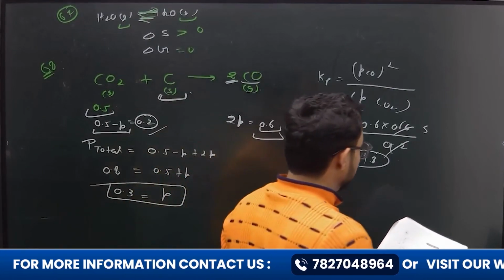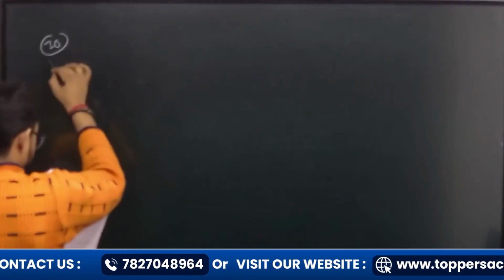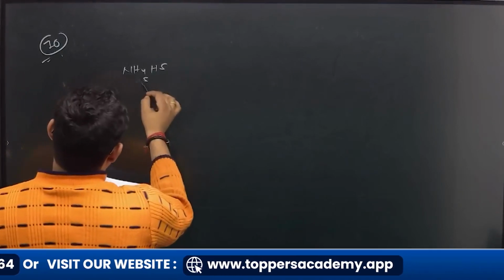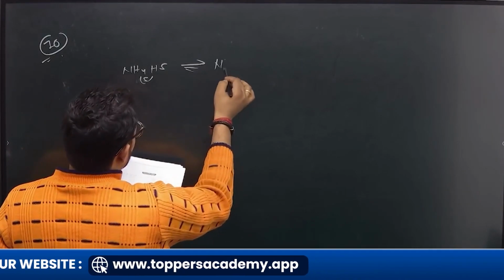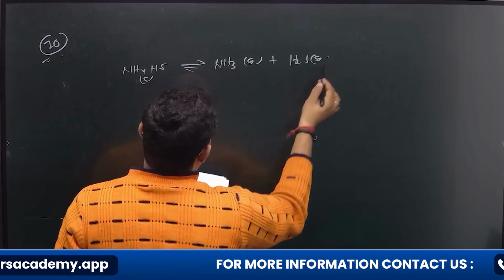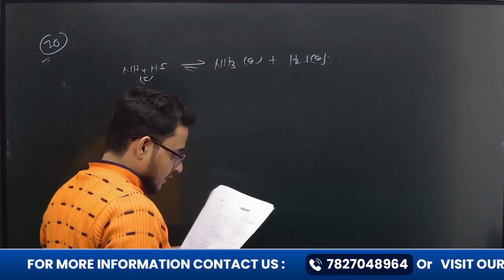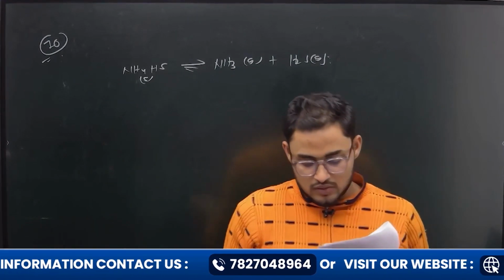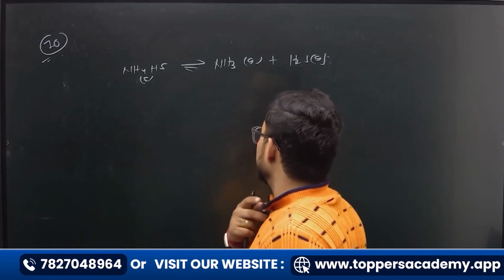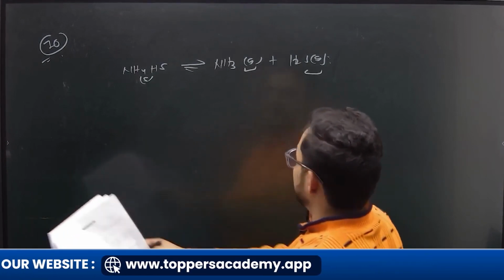Now question number 70. NH4HS solid is being converted into NH3 gas plus H2S gas. So 100 atm pressure is given at equilibrium. At equilibrium, obviously there will be pressure generated from NH3 gas and H2S gas.